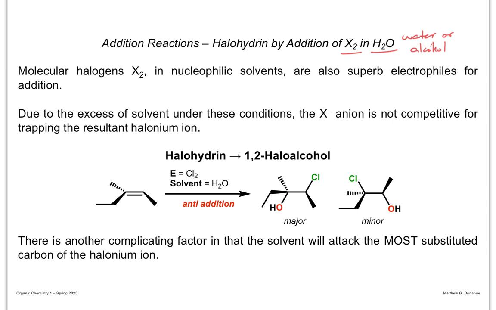So you have this protic solvent, H2O, or with the alcohol, OH. Now when you look at these products, since we're using water as the participating solvent, you see some elements of water in there, right? So you're ending up with a halogen and an alcohol, and these are called halohydrins.